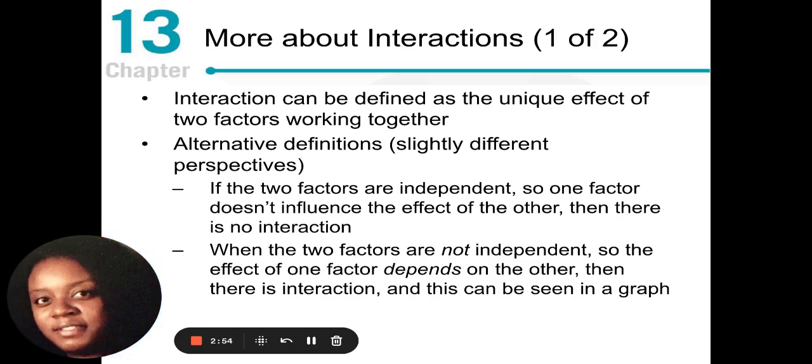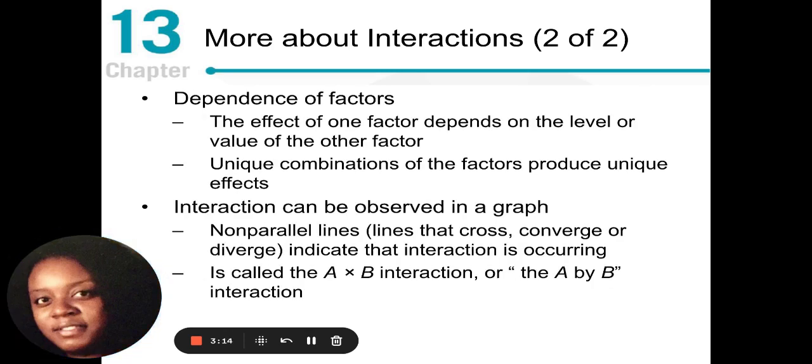and the alternative definitions are slightly different perspectives. If the two factors are independent, one factor doesn't influence the effect of the other, then there is no interaction. When the two factors are not independent, so the effect of one factor depends on the other, then there is interaction, and this can be seen in a graph.